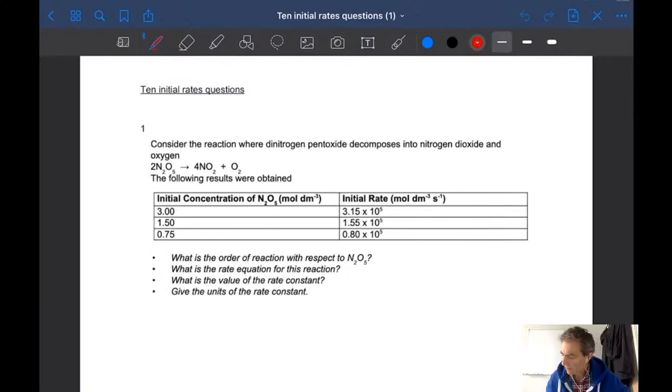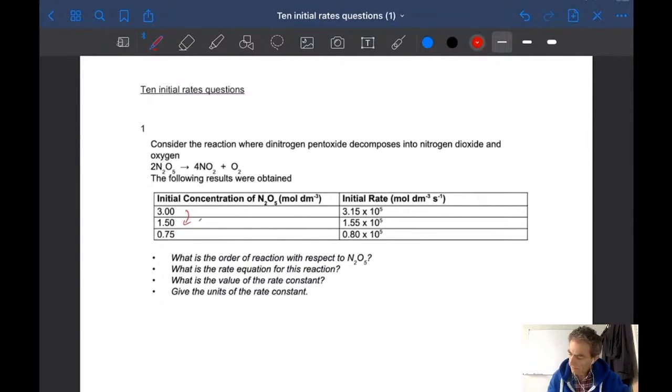Okay, so the first one, only one reactant, so basically we just pick two experiments and see how the initial concentrations changed and then what's happening to the rate. I always get my students to put little annotations on the table and then talk about it in the written space underneath. So what's happening here to the initial concentration?